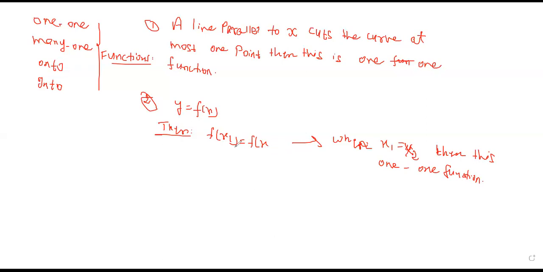For example, if you write y equal to x cube, you know the graph of x cube. This is the x-axis, this is the y-axis. A line parallel to x-axis cuts at most one point, so this will be one-one.